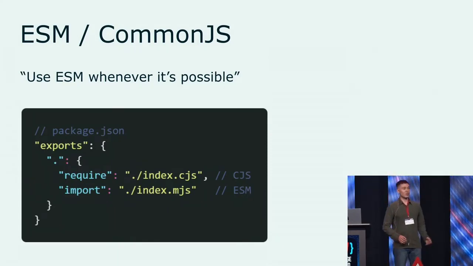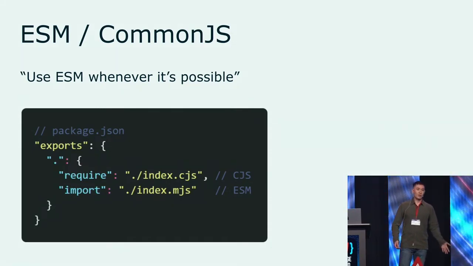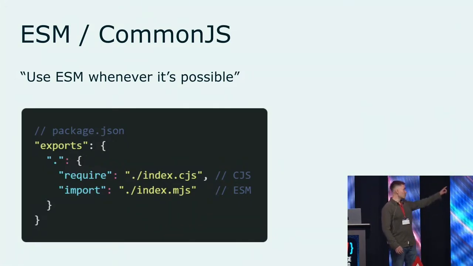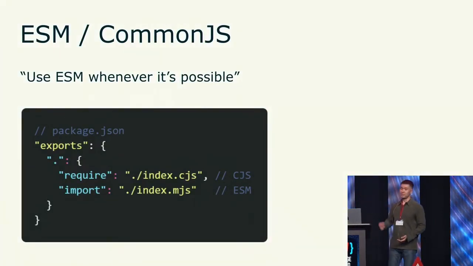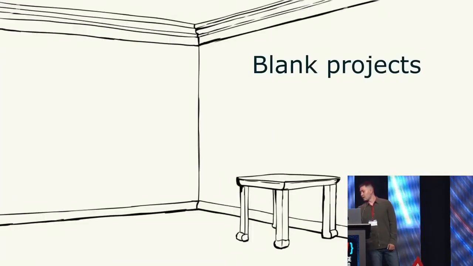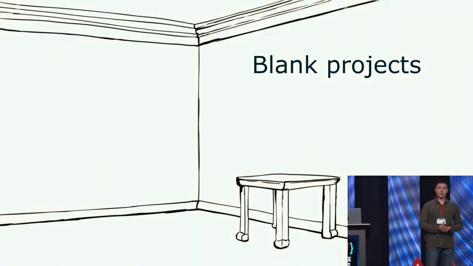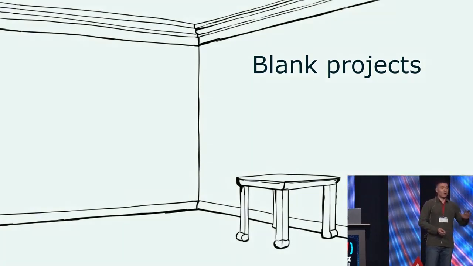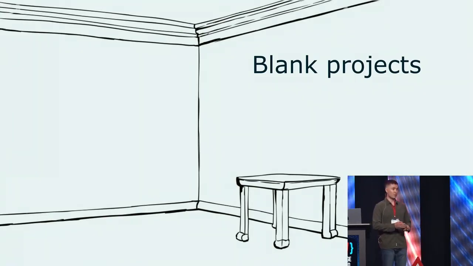So since not everybody is working on the bleeding edge technologies, we need to still support some old stuff. So maybe a good idea is to create both versions of your scripts. And if you go to package.json and just make this little configuration, then you make it easier for the users to find these two scripts. And how can you test it? What I usually recommend is to create some blank projects in CodeSandbox or in your repository.